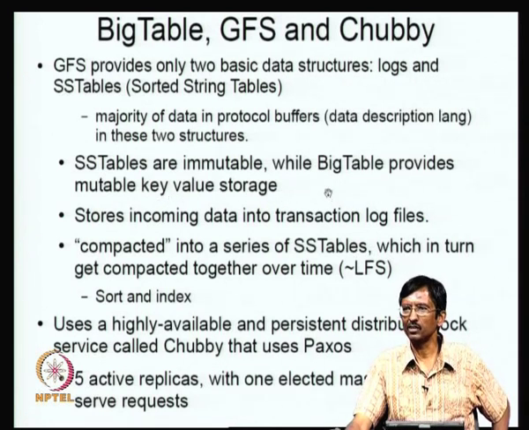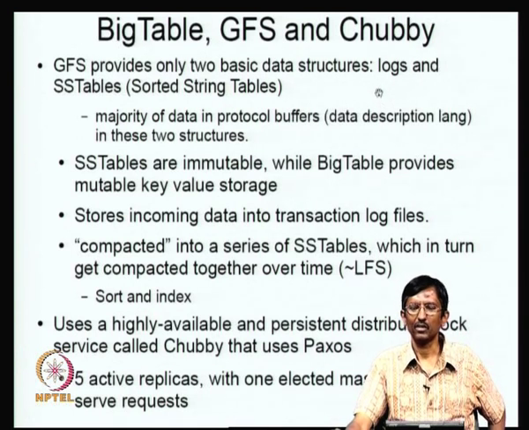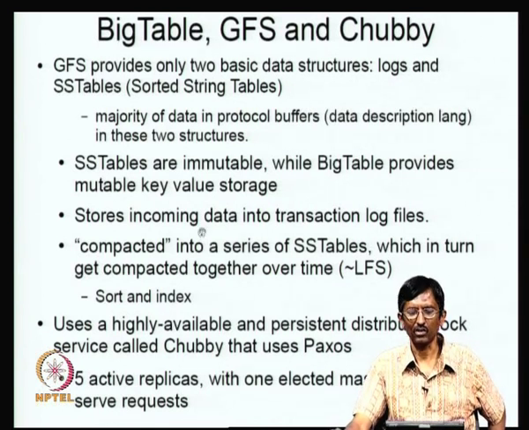You accumulate the changes in the form of logs, and when they become large, you clean them every now and then so that you can use memory more effectively. But once you reach a stage where, in spite of cleaning, it is growing beyond the size that you want to keep in memory, then you start pushing it out to disk, and the way you do it is to send it out as chunks to GFS. That's how GFS and BigTable work together.